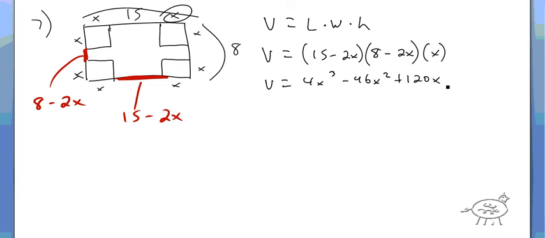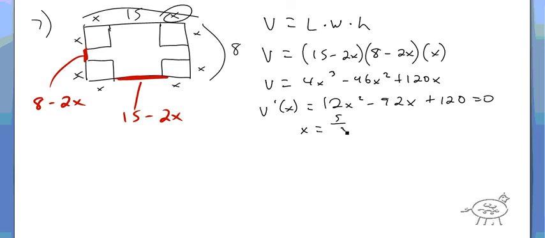All right, and then I'm trying to maximize the volume, so I get V prime of x is equal to 12x squared minus 92x plus 120 equals 0. And if I factor that, I wound up getting two answers. I get x equals 5/3 and x equals 6.